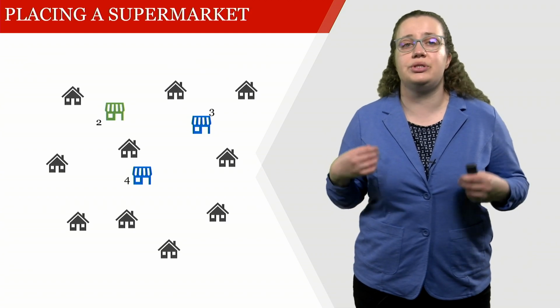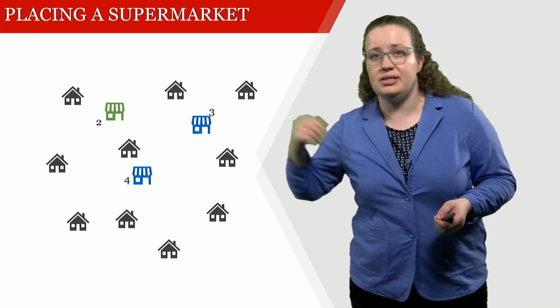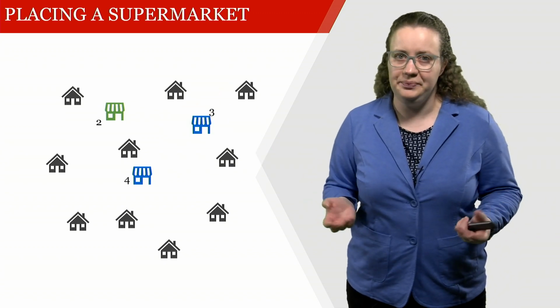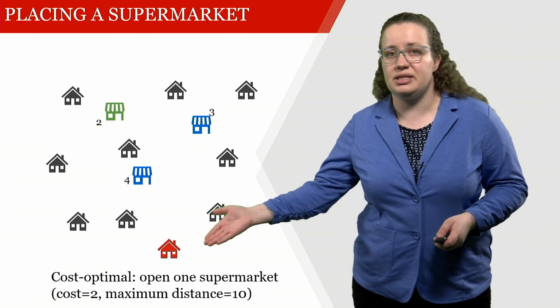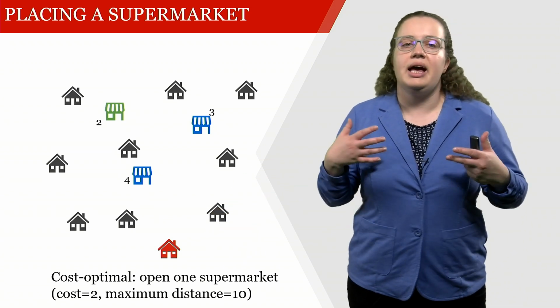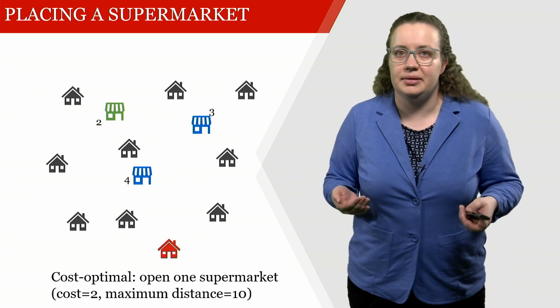If we first optimize for costs, then we obviously open this location because it's the cheapest one. We don't open the other ones, but we have a huge distance for this customer down here. And this is, of course, also not exactly what the supermarket might like.